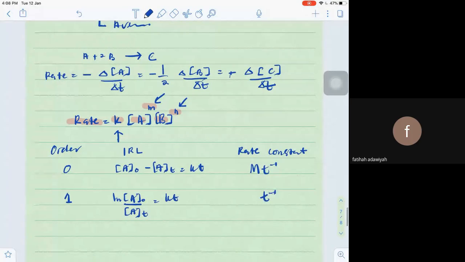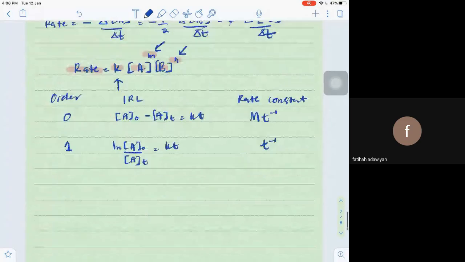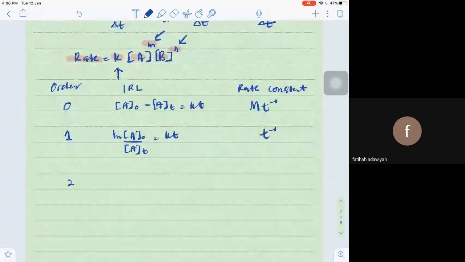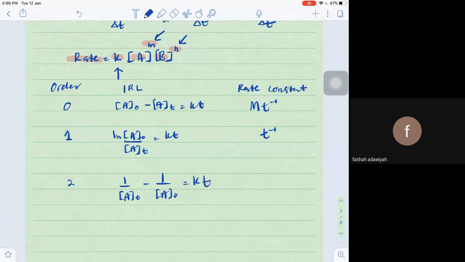If we have a second order reaction, the integrated rate law will be 1 over A T minus 1 over A naught equal to K T, and the rate constant unit will be concentration -1 time -1.